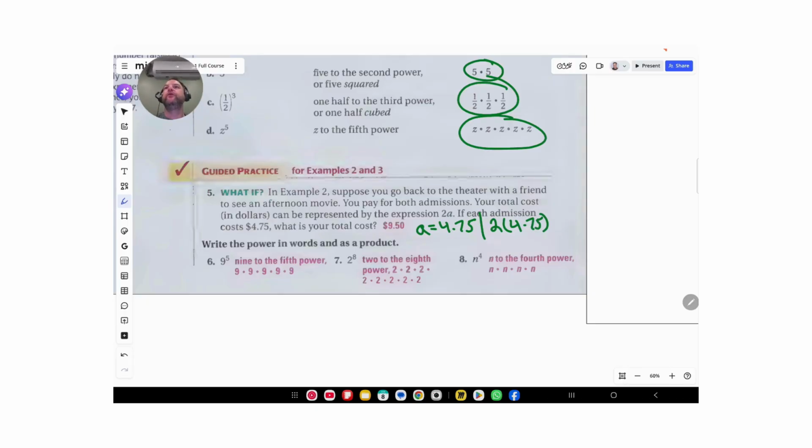Now we do want to be careful when we are multiplying out. Sometimes students will get a little confused on the decimal part, right? So 4.75 times 2, multiply it all out. 2 times 7 is 14, plus 1 is 15. To get to 9.50.